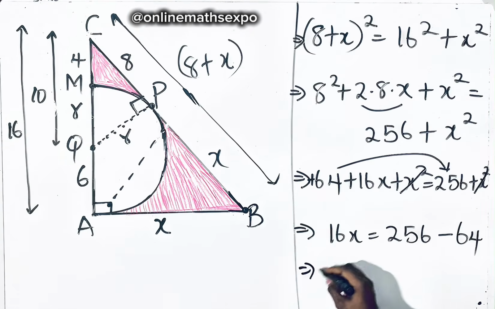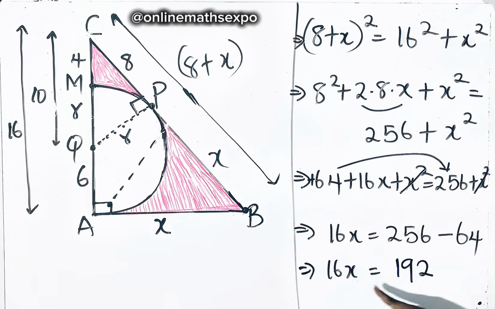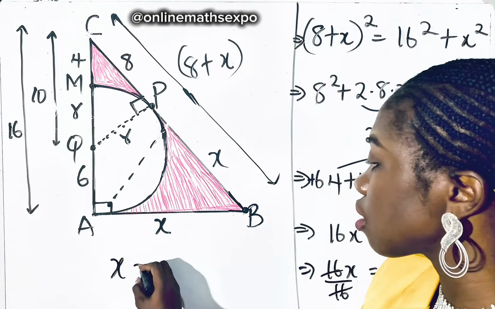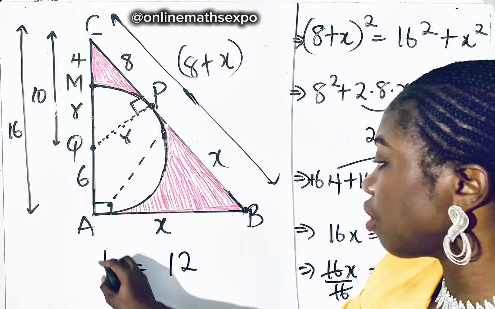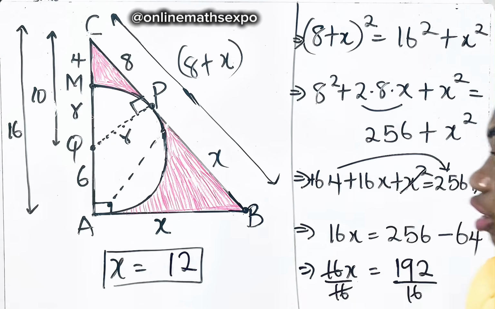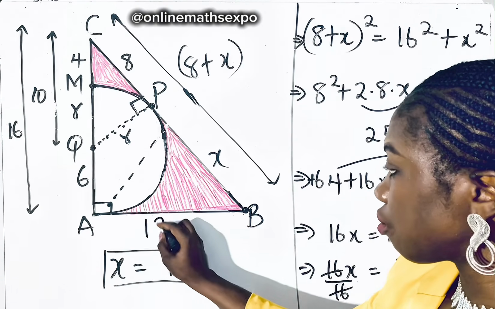This gives us 16x is equal to, subtract this, we have 192. To get x, remove the coefficient, divide both sides by 16. This takes off. So we are going to have x is equal to, divide this, we have 12. So the value of x is 12. This means that this length AB, which is the base of this triangle, is given as 12 units.